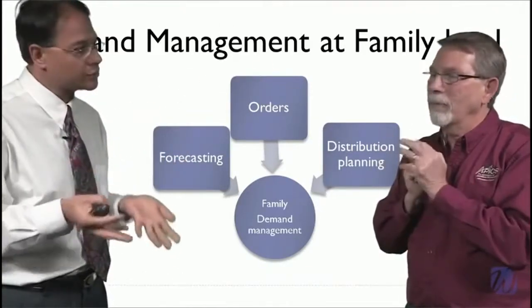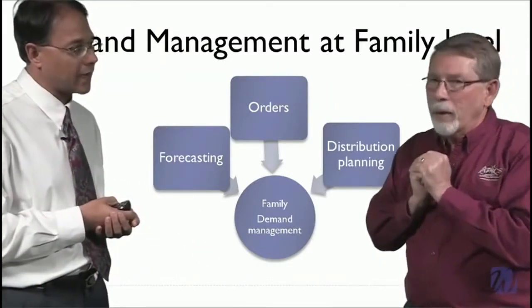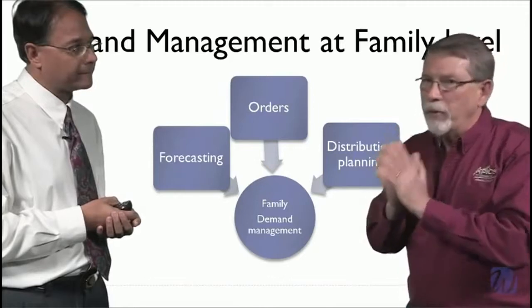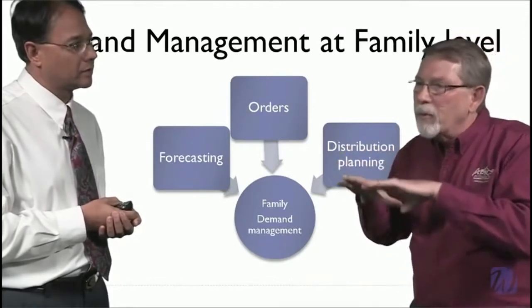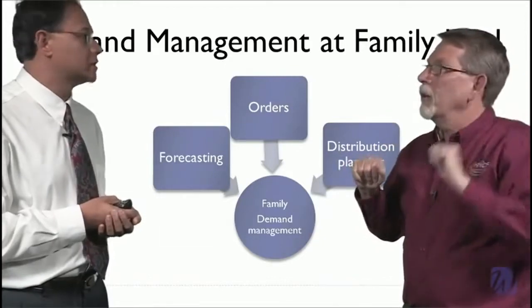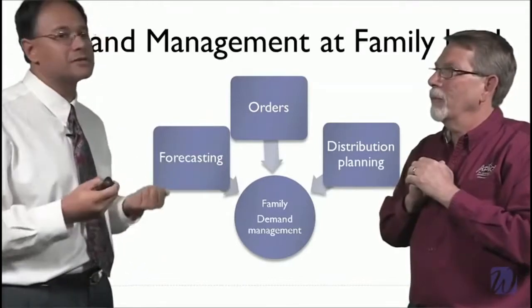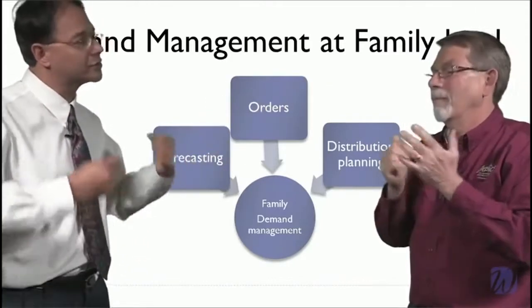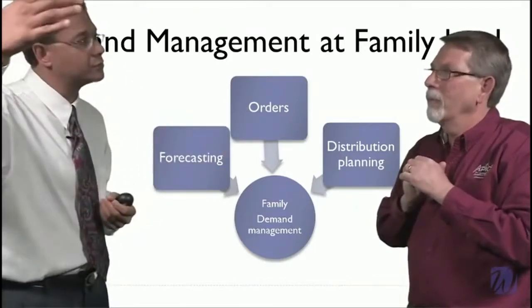Now, what is distribution planning? How does that come into demand management? Certain types of businesses, especially make to stock, usually need to take the finished inventory and put it out into the field. Let's say I make pencils. You're not going to be waiting for an order, you're just going to push the system. But it has to go through different layers of distribution.